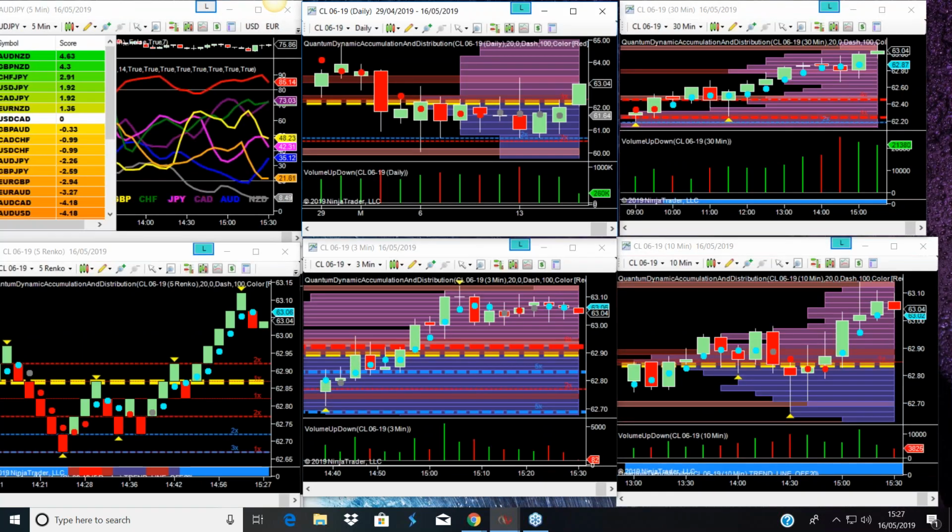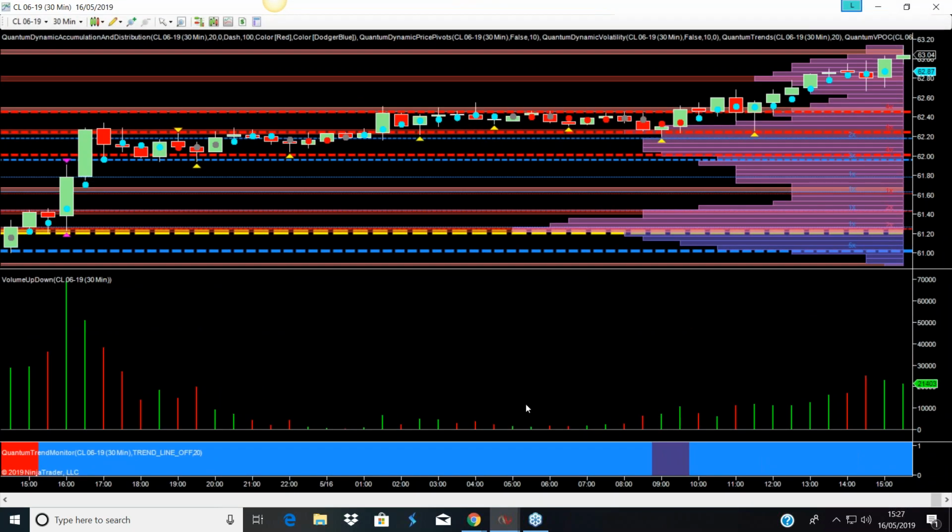Now, if we go down to our 3 charts that we look at, we look at the 30-minute chart. The upside for oil, this is here. This is the ton of volume that actually came in, and we've got the volume point of control here on the 30-minute chart at about 61.20, 61.25, and that has actually precipitated the move that we see in progress at the moment. The volume down here is very, very low.